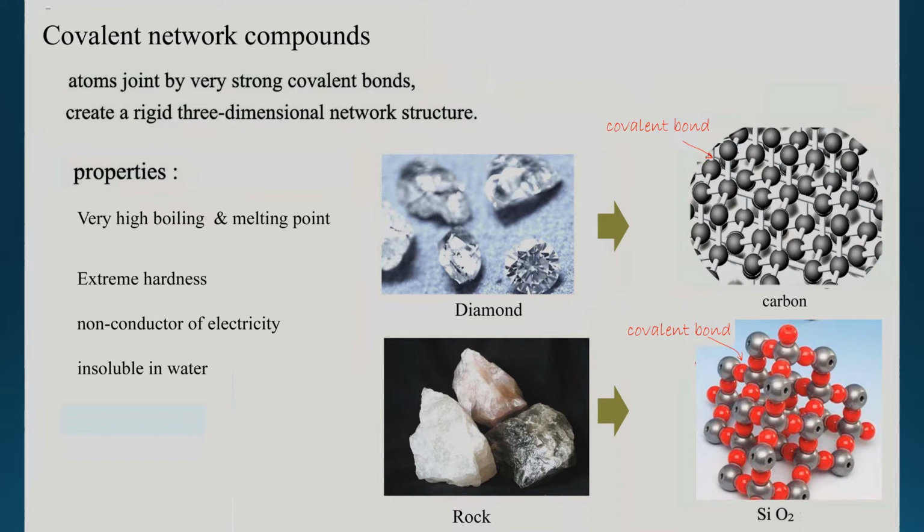If you look at the top example, the diamond, when I blow up the size, it is actually made of carbon atoms. Looking closely, each carbon atom bonds to other atoms, and those bond to other atoms in turn. This forms what I mean by a rigid three-dimensional network structure.